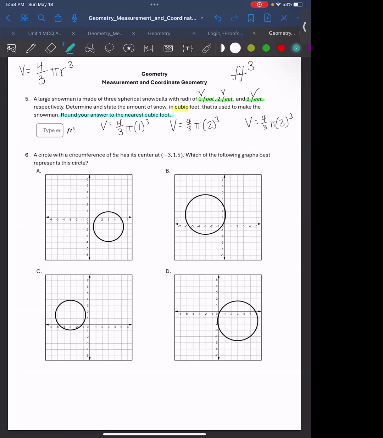When it comes to pi, you have to see what they're saying. If they say round, they want you to multiply the pi. If not, you usually just leave pi in there. Like in the other problem with the multiple choice, you look through and see the answers all have pi in it, so I'm not going to multiply pi. But in this case, we are.